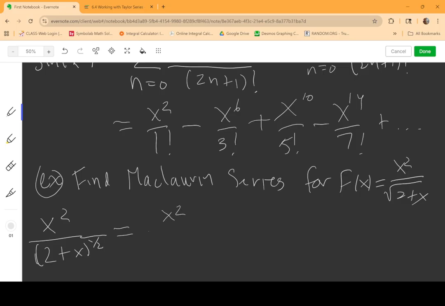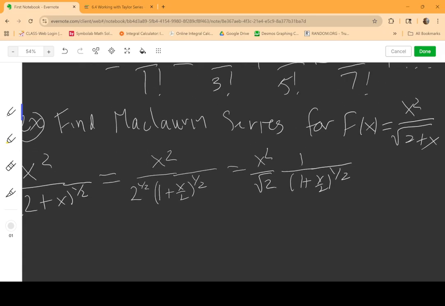So we get x squared, and then 2 to the 1/2, 1 plus x over 2, all of that to the 1/2. Now we can rewrite this. It looks like I have a binomial where r is -1/2.